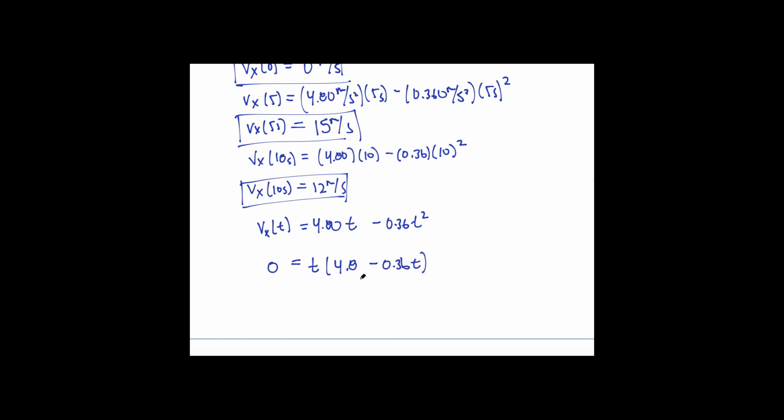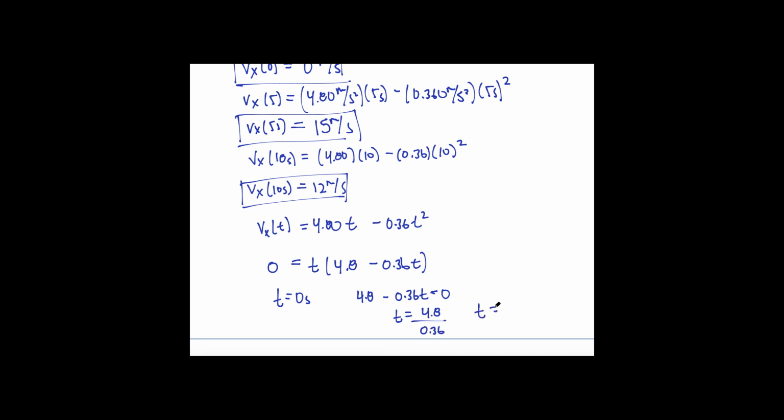And so to solve for my two roots, I see that one of them is very obviously t equals 0. I already found that. I found that the velocity is 0 at 0 seconds. The second one comes from this part. So if I set this set of parentheses equal to 0 and solve for t, I see that I will have 4.8 divided by 0.36.